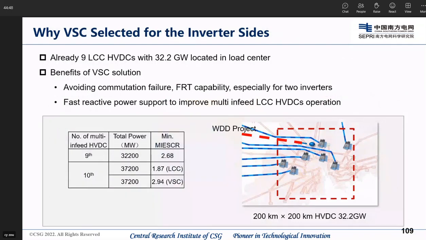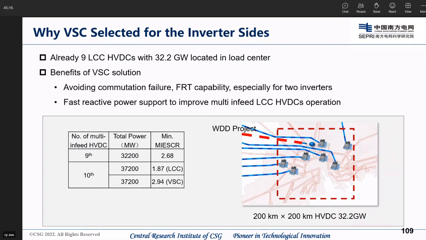Before this project, there were already 9 LCC HVDCs located in the load center in Guangdong province. If we keep building LCC projects, there is a risk that the AC system is no longer strong enough to help all the LCC systems restore from severe AC faults, as the LCC will absorb a huge amount of reactive power from the AC system when restoring from the AC fault.